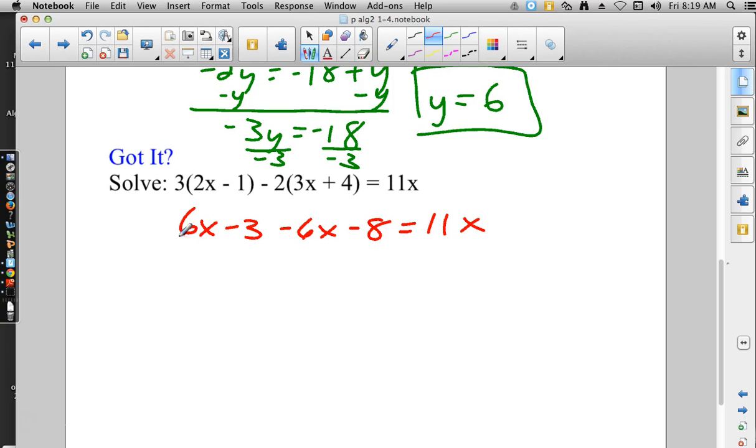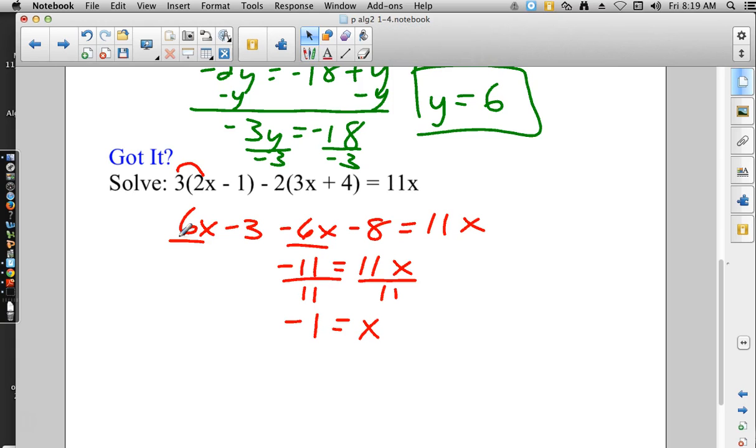So we've got this 6x here, and then there was a -6x here. Hey, that dropped out. That's pretty cool. These are gone. And then we had -11 equals 11x divided by 11. There it is. You know, that's how it's supposed to be done, and you were doing it.